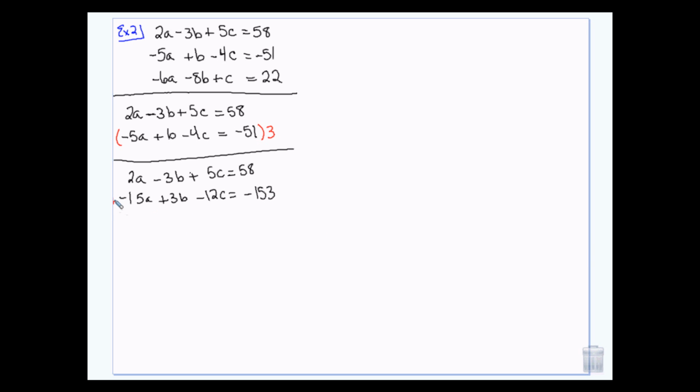I'm going to add those together. And I'm going to get negative 13a minus 7c is equal to negative 95. Okay. So that was equations 1 and 2.